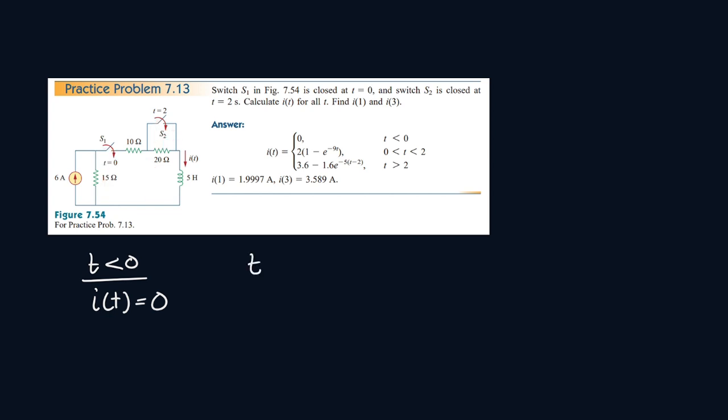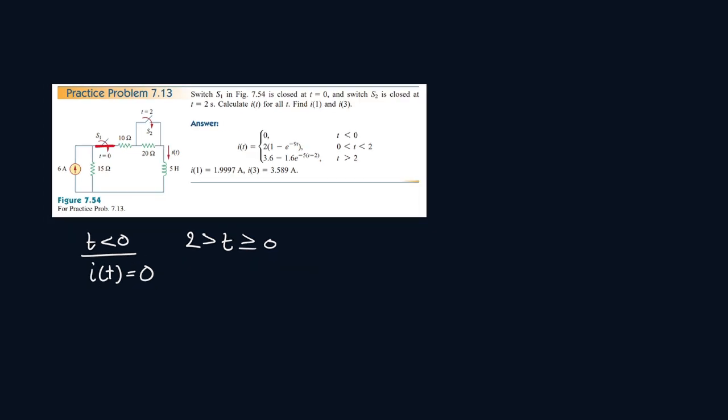Now let's focus on when t is greater than or equal to 0, but less than 2. At that point, this portion is closed, so our circuit looks something like this.